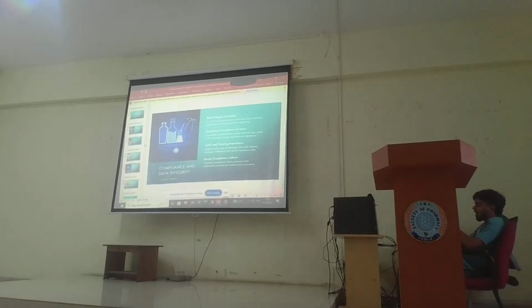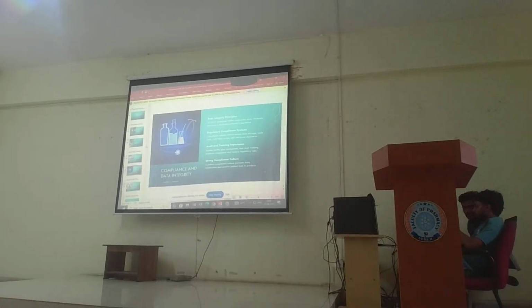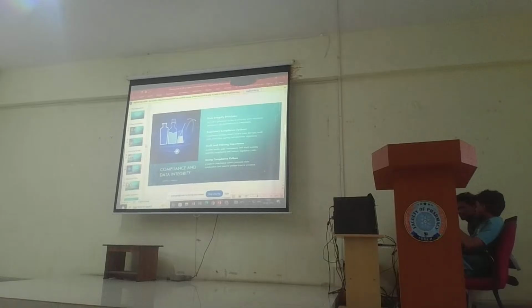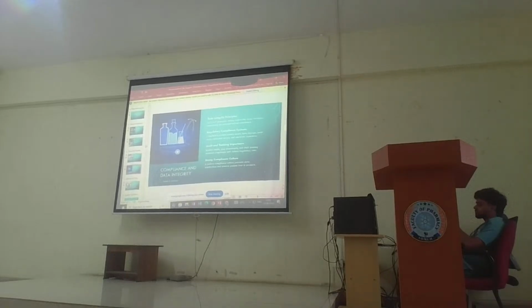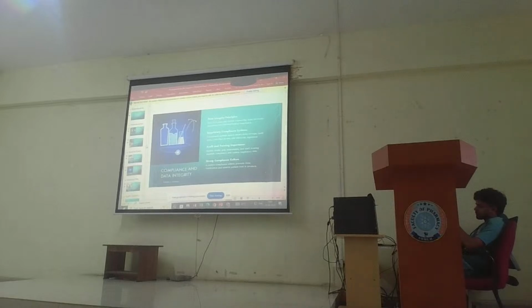Compliance also extends to audit preparedness, regulatory submissions, and all this data monitoring, handling of documentation, security. So how to handle the data, how to control this data, what is the retention period of this data. So all these things should be recorded in the standard operating procedure guidelines.